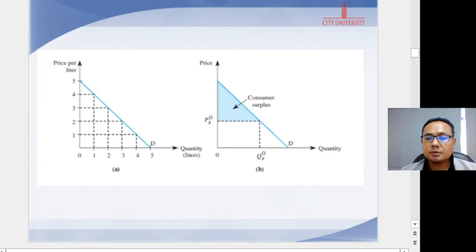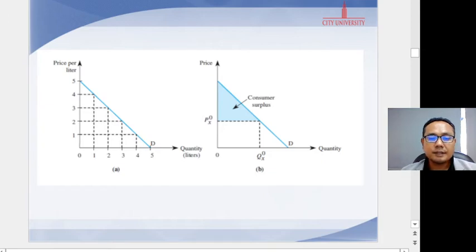In this case, your total out-of-pocket expense for the 2 liters of water is $6. Since you value 2 liters of water at $8 and only have to pay $6 for it, you are getting $2 in value over and above the amount you have to pay for water.